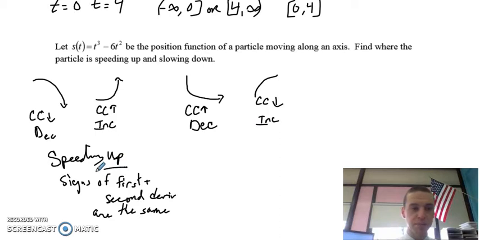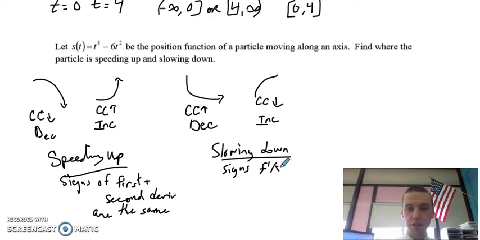If we're slowing down, the signs of both, that's an "and," not an addition sign, are opposite. The nice thing about that is we can just say it's slowing down because f prime and f double prime have opposite signs.